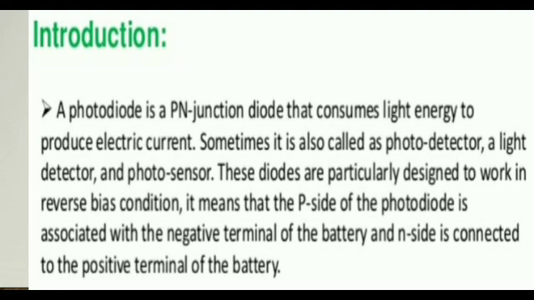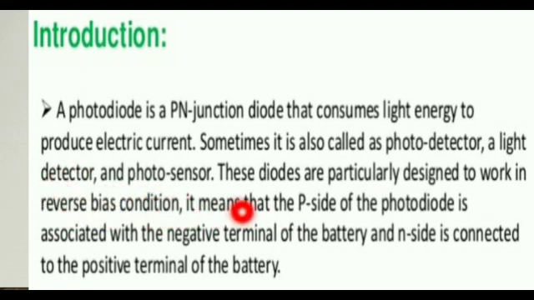Sometimes it is also called a photodetector, a light detector, or a photosensor. These diodes are particularly designed to work in reverse bias condition. This is an important point: reverse bias condition.